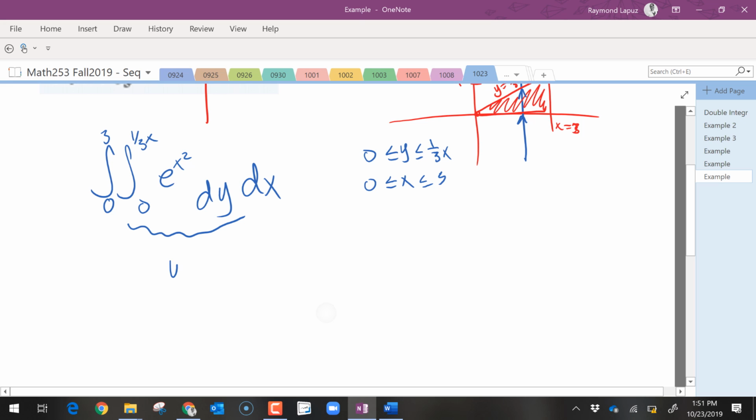It's y e to the x squared from 0 to 1/3 x. And after you put that in, it'll end up just being a u substitution. So it's actually doable now that we switch the order. Sometimes you might look at an integral and say, I can't integrate that, but if I switch the order, it might come out easier. And that's what happens here.